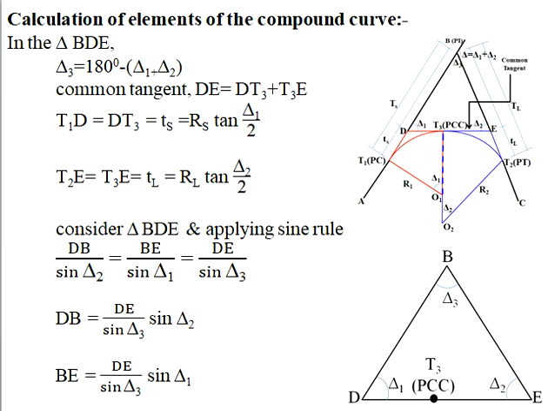That is T1D is equal to DT3, which is taken as the small ts, calculated as RS tan delta 1 by 2. Next, T2E is equal to T3E is equal to small tl is equal to RL tan delta 2 by 2.